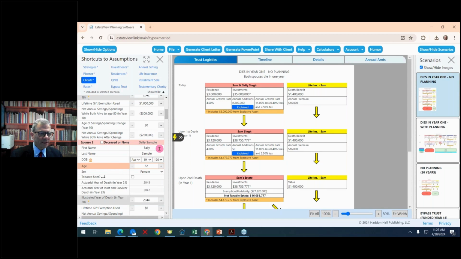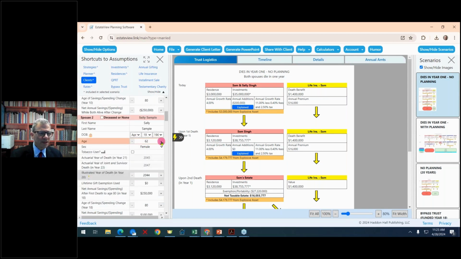So I can click here, here's spouse two, here's his or her age. And then this is going to tell me not only the actuarial year of death for spouse 2, but also the actuarial year of joint and survivor death. In other words, if you have somebody of these two ages, then there will be a 23-year expected life expectancy as opposed to a 21-year life expectancy.